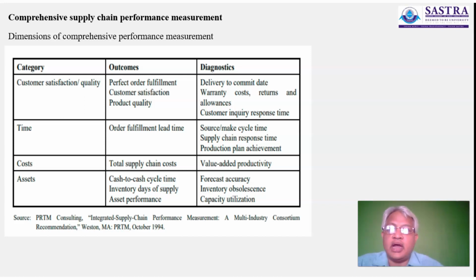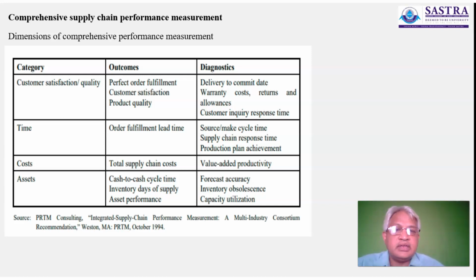The outcome can be satisfaction, and the outcome can be product quality, and the required diagnostics for it are delivery to commit date, warranty, costs, returns and allowances, and customer inquiry response time. So these are the various diagnostics that have to be looked into by the company for achieving an outcome for the given metric, that is customer satisfaction and quality.